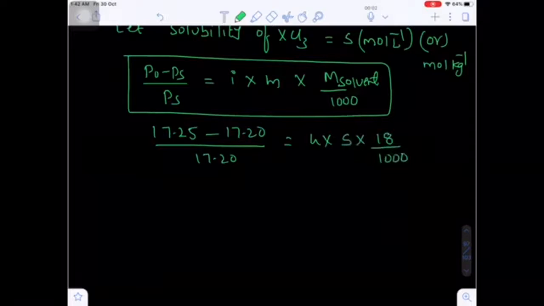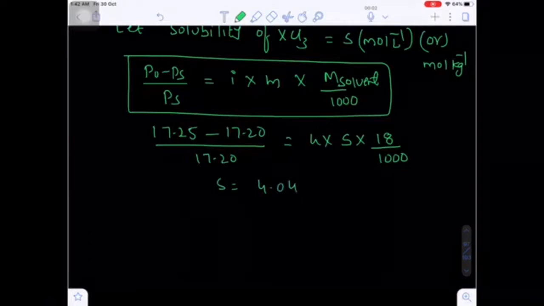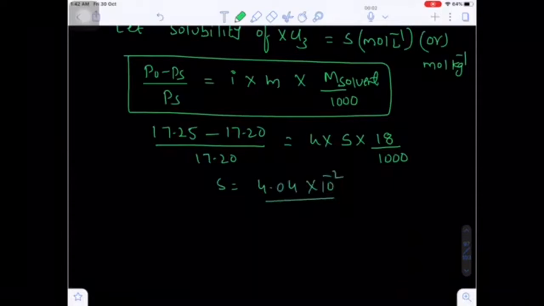So from here shall I find the solubility? S will be equal to 4.04 into 10 raised to minus 2. So this is the solubility of a sparingly soluble salt.